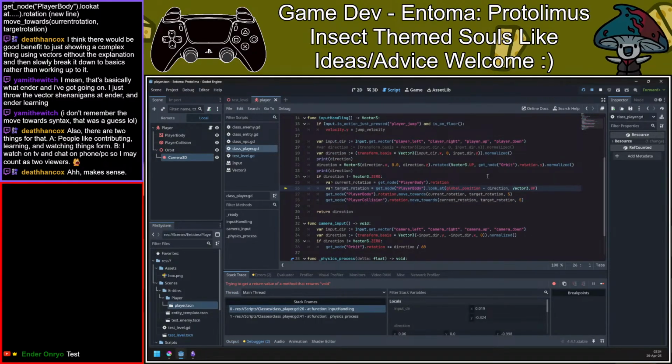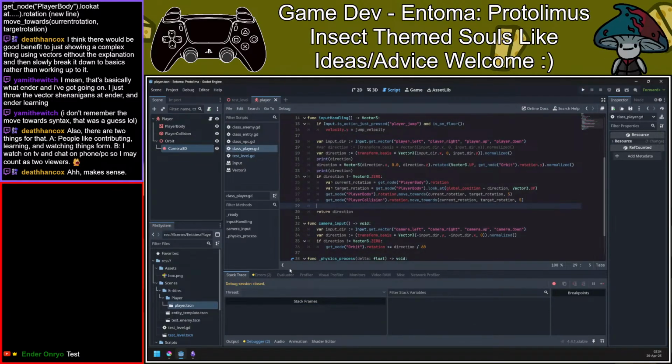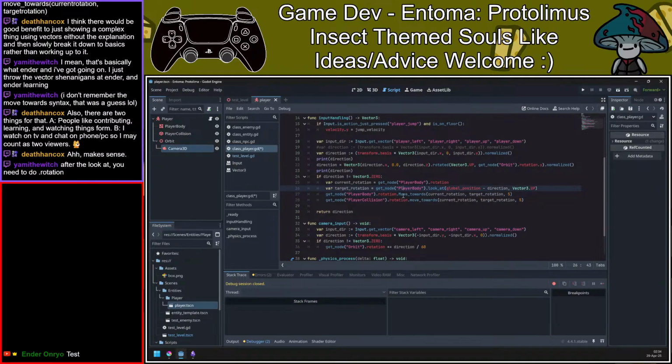Trying to get a return method of a value that returns void. I beg your pardon? Rotation, move towards... Move towards, I thought was supposed to just be its own function.